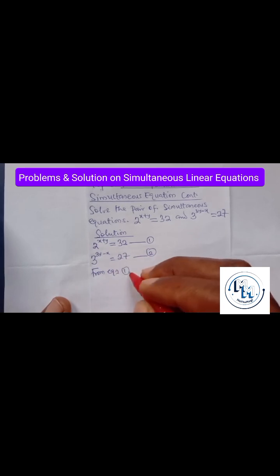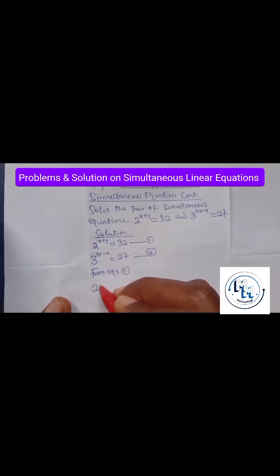From equation 1, I have 2 power x plus y here. Now let me first put 2 here. Can 2 be raised to any power to give me 32? Of course, power 5.